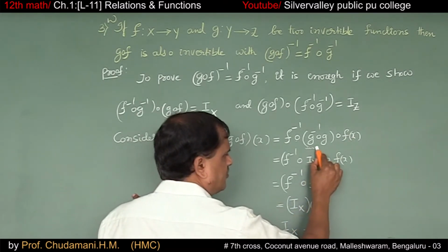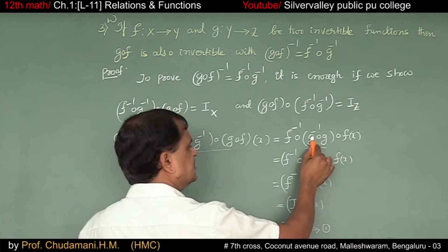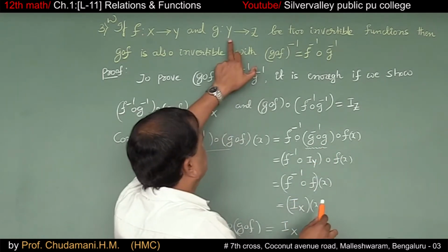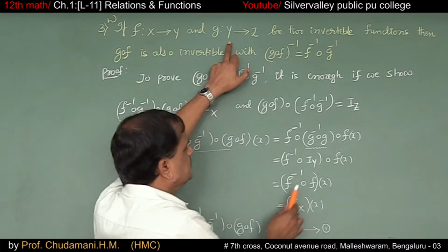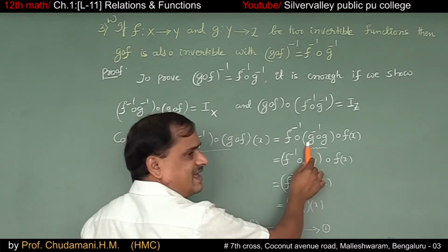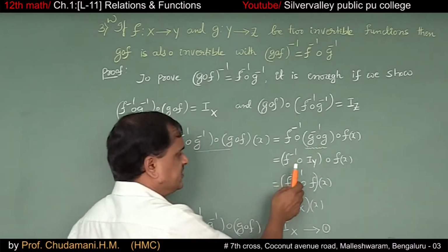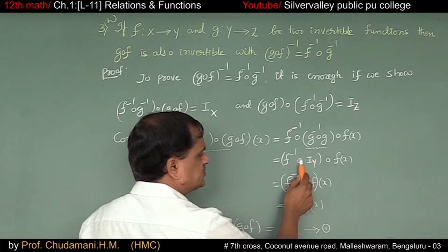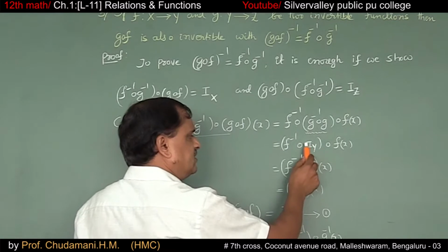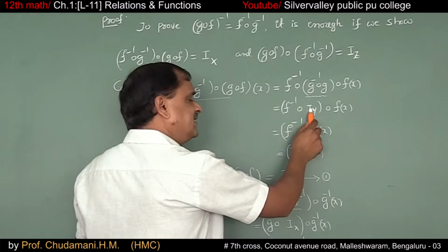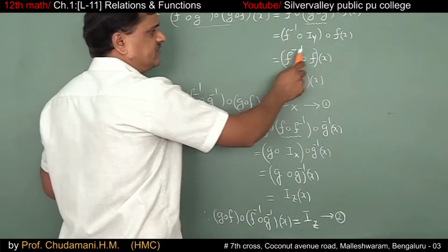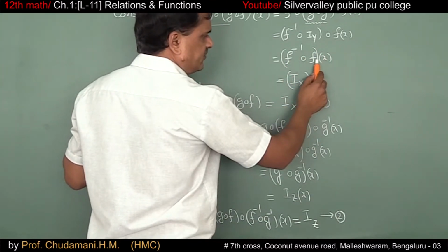But the composition of g and g inverse is, since you are operating g first, in the function g, the domain is Y, identity function on the set Y. A inverse into A is I, that's like that. So f inverse composition I, if you multiply identity with any function, we are left with f inverse only, composition f of x.